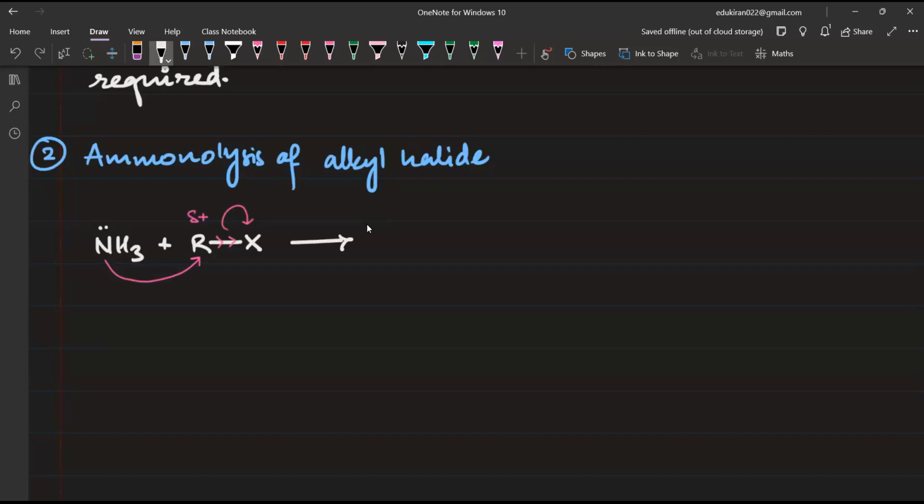We will have the nitrogen, NH3 as it is, bonded with the alkyl group. Since nitrogen has donated an electron pair, it will get a positive charge. And the X negative, which was the leaving group, will come beside it and give you a salt. This is known as substituted ammonium salt.